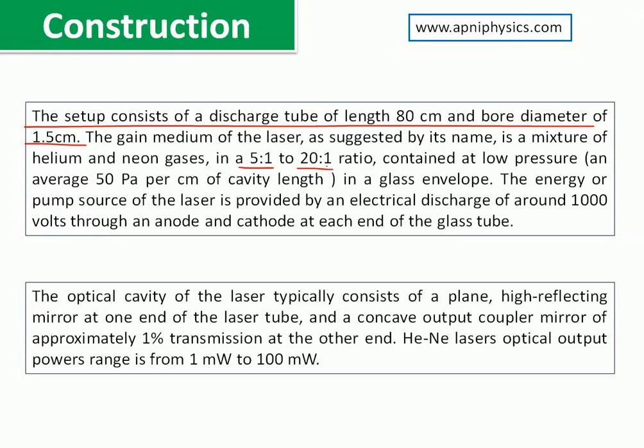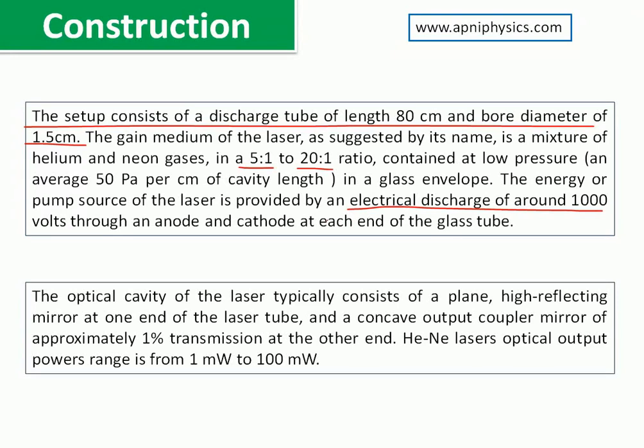All these are kept in the electric discharge tube. The length and the diameter are mentioned here, right? The energy or pump source of the laser is provided by an electrical discharge of around 1000 volts through an anode and cathode at each end of the glass tube.